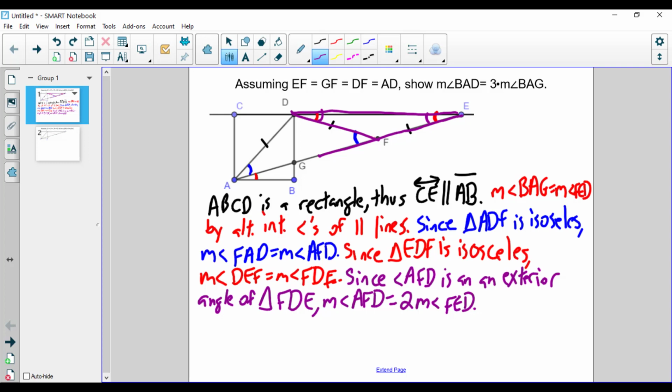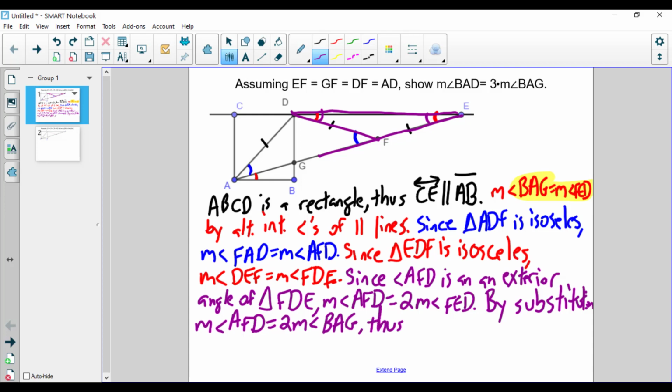Why does that become important? Well, remember at the beginning that we said that BAG is equal to FED. So I'm bringing that back now. So by substitution, the measure of angle AFD equals 2 times the measure of angle BAG.